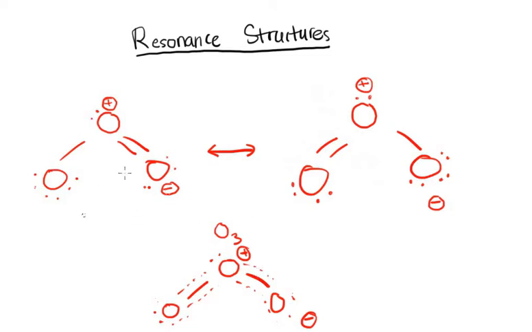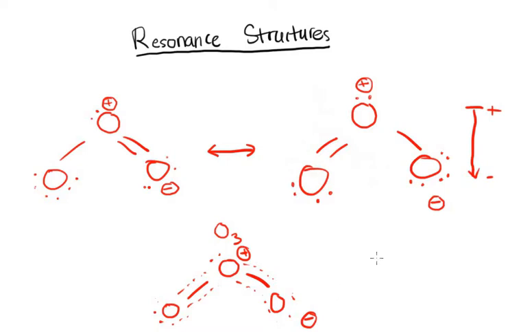And as a refresher, if you see an arrow like this, I'm going to write it. It shows that it's going from positive to negative for polarity. Now, a trick question a lot of people may ask you, let's say for ozone, is how many double bonds are in ozone?